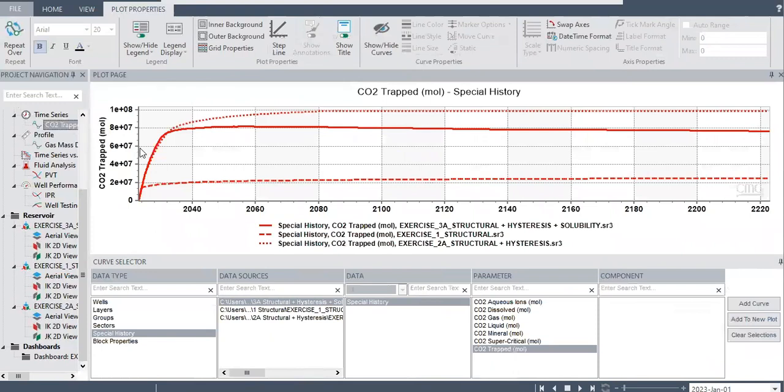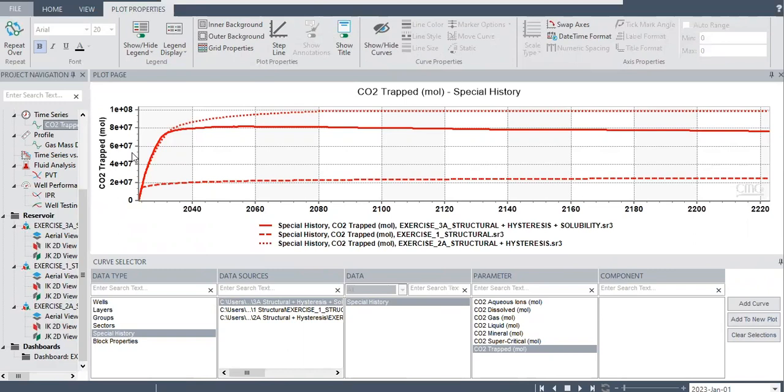So we have discussed solubility trapping. We have modified the aquifer model, and then we have modified the fluid model, and then we ran the simulation and visualized the results, which is very, very interesting. And we compared the three cases. And yeah, that's all.